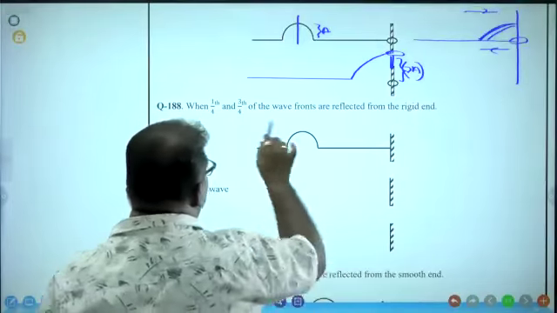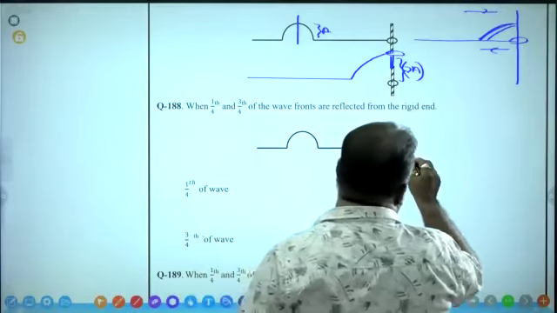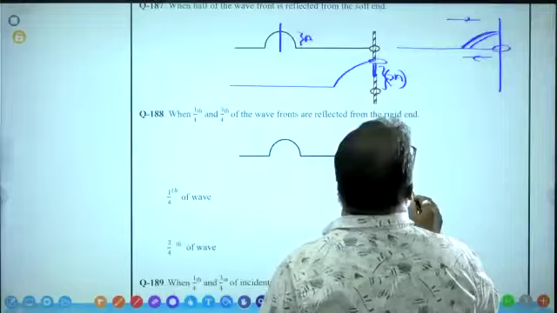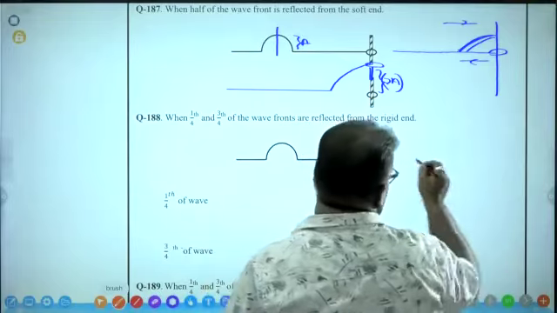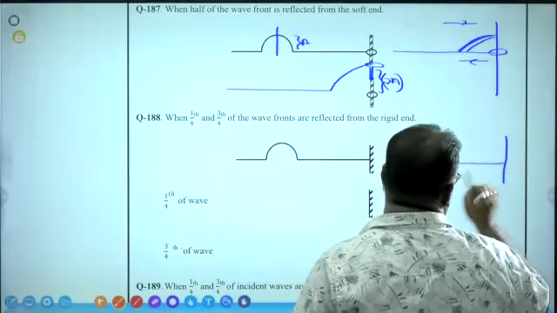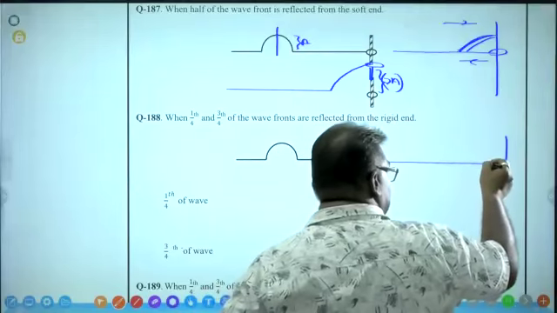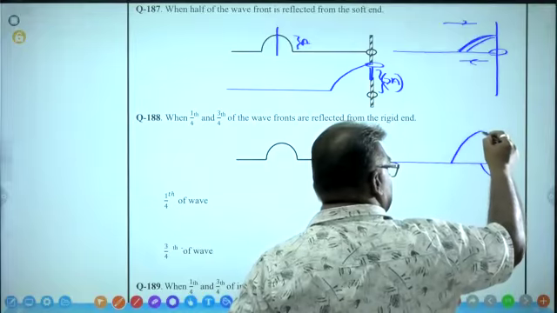Right, when 1/4 of the wave is reflected, 1/4 reflected. This one is this rod. Here we have string. 1/4 reflected. Like this, no?